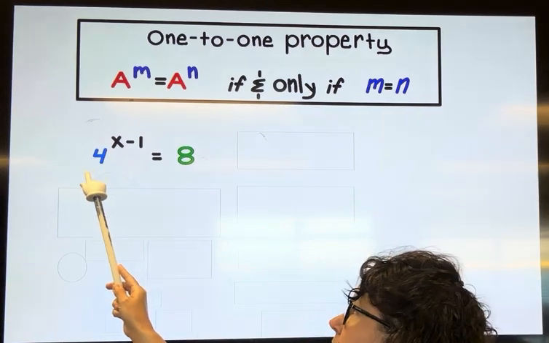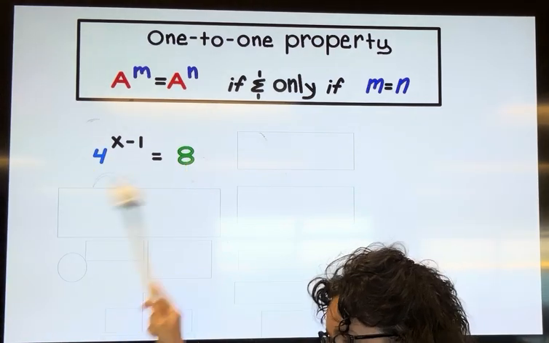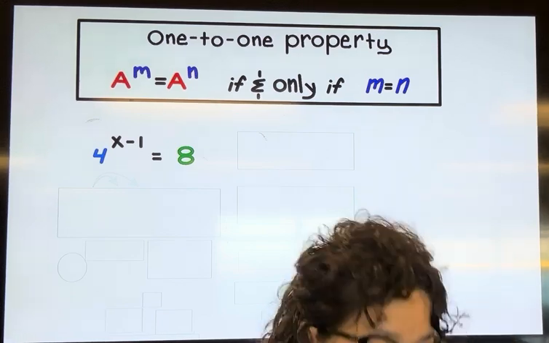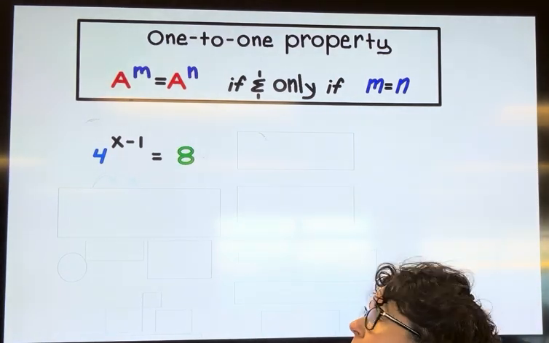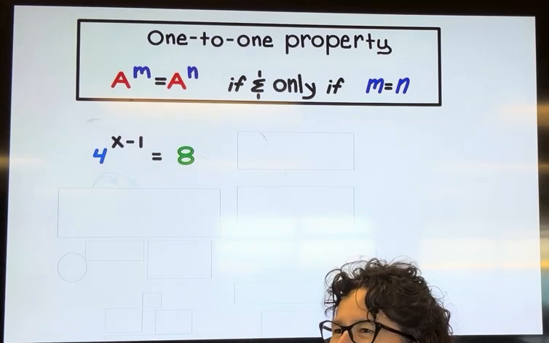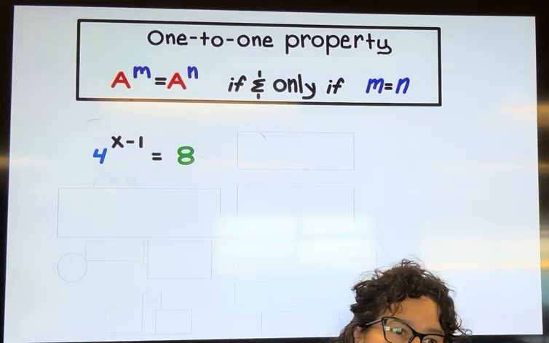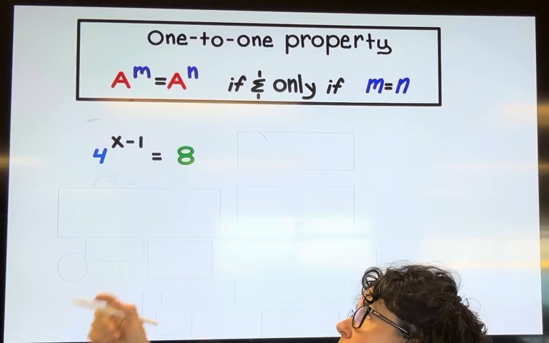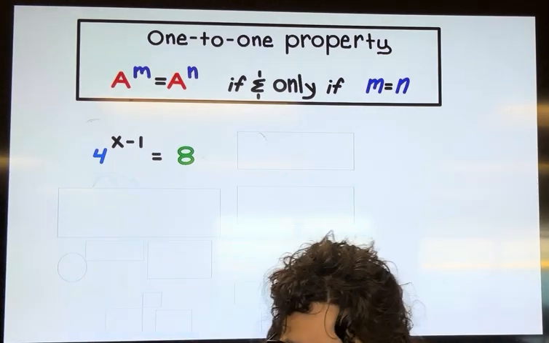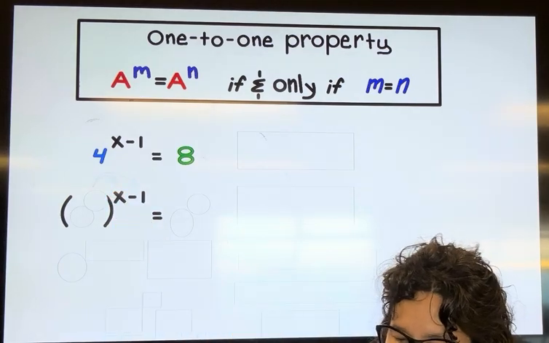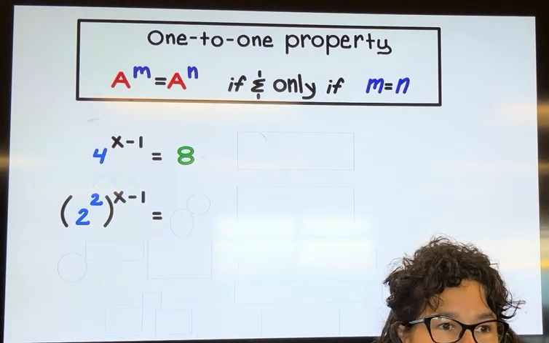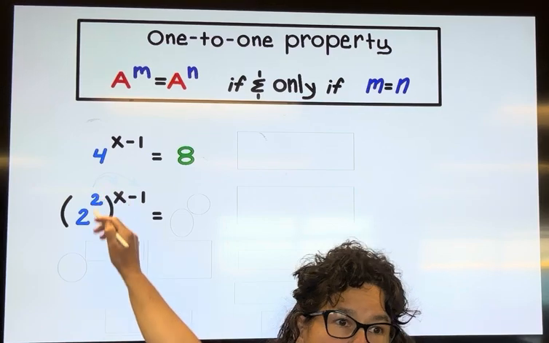Right now the base is 4 and this one, the base is 8. And so I'm going to force them to be the same. So if I force them to be the same, we're looking at these numbers and trying to think, can I use 2 times 2 times 2 times 2 or 3 times 3 times 3 times 3? So for 4, we could turn the 4 into 2 to the second power because they're equal to each other.